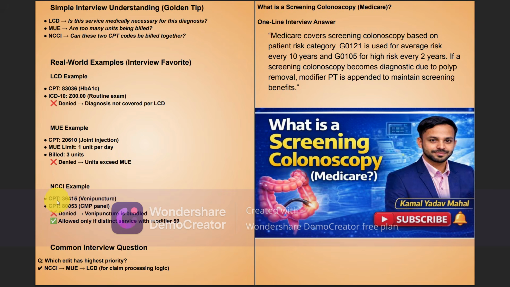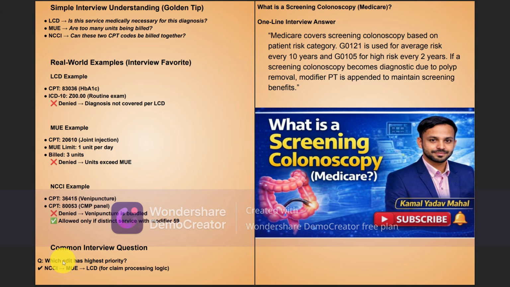NCCI edit here: CPT code 36415 venipuncture, CPT 80053 is a CMP panel, denied, venipuncture is bundled, allowed only if a distinct service with the 59 modifier. So when we use the 59 modifier, it will be allowed, otherwise it shows as bundled.